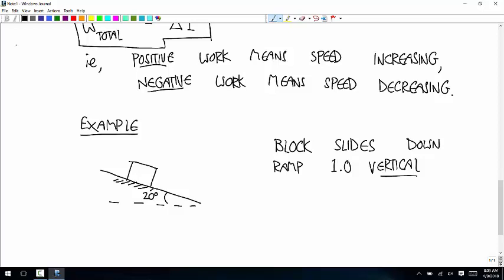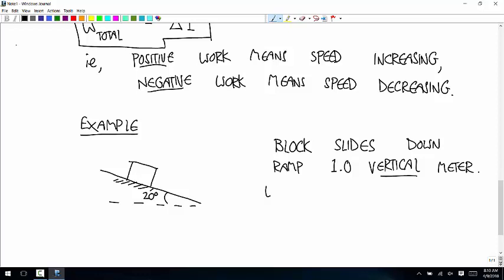If we were using a Newtonian approach, using Newton's laws, we would need a lot more information than this, but we're going to see that this is enough. So the block slides down the ramp 1 vertical meter, or at least that's the amount of sliding that we're doing the calculation for.